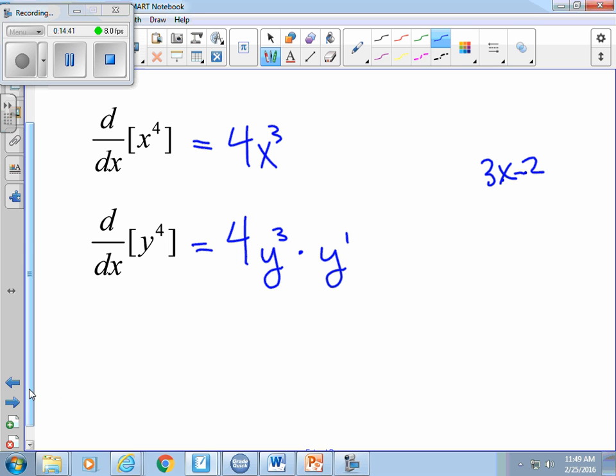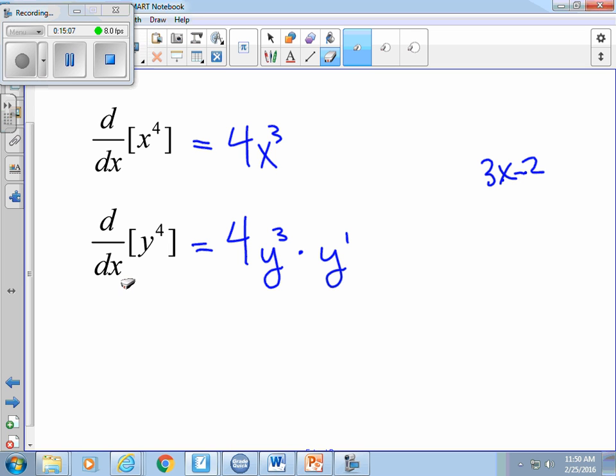This doesn't make sense. So y is something. It's not an x. If I'm doing the derivative with respect to x, y is something in terms of x. So pretend it's 3x minus 2. So how would you take the derivative of 3x minus 2 to the 4th?